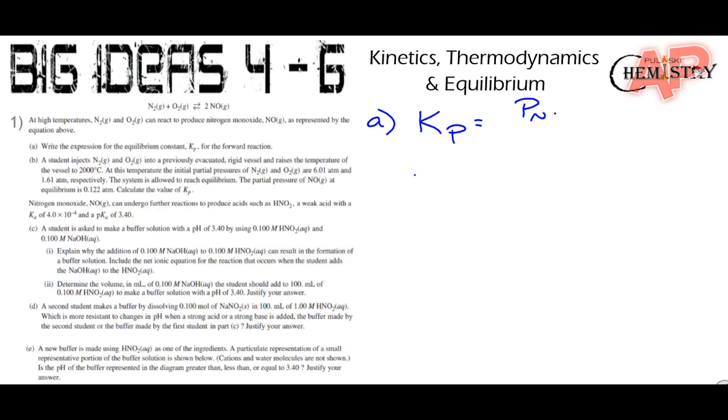This is of the products, and my reactants are N2 and O2. And the last thing that we need to make sure that we always do is include the coefficients. So if there's a 2 there, there has to be a 2 here, and usually you write a parenthesis. So that is my equilibrium expression.